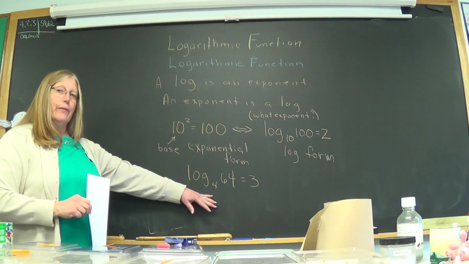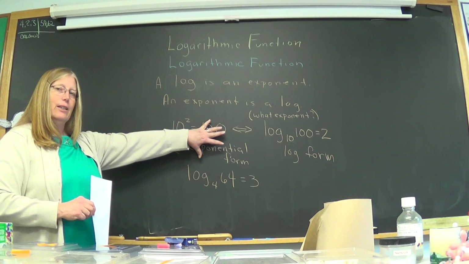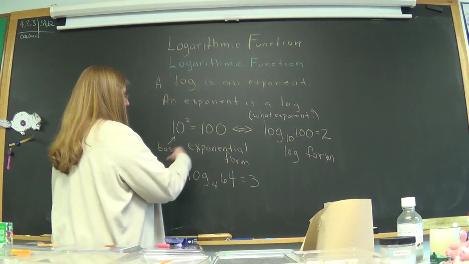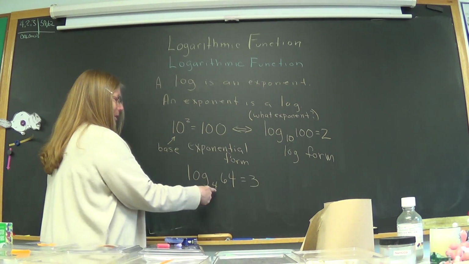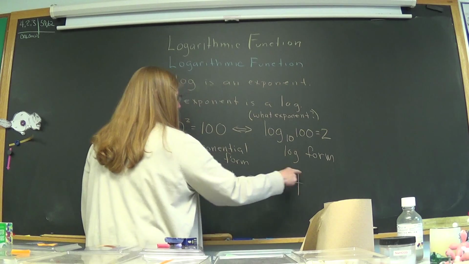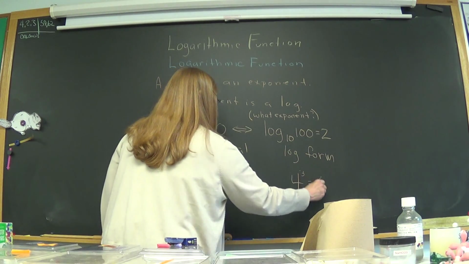Obviously this is in log form, the word log appears, so I want you to write it in exponential form, without the word log. We search for the base number, which is always the little one. We raise it to the exponent, which is the logarithm, and we get the number.